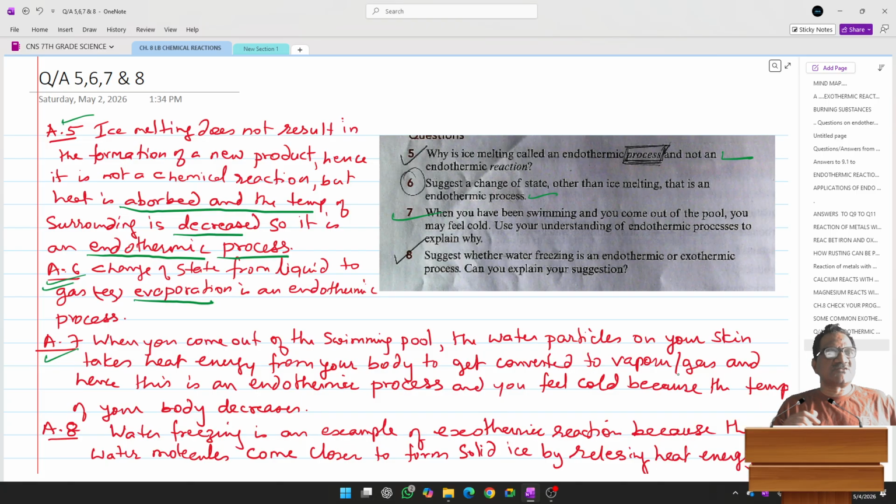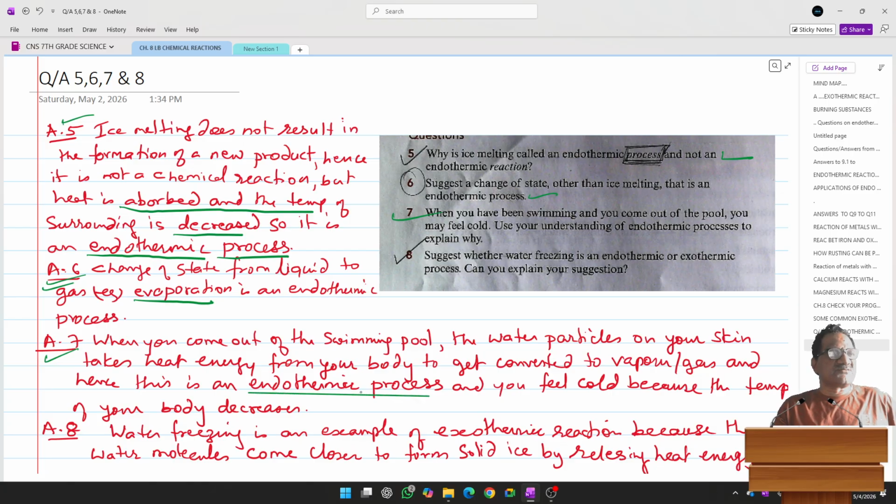Now in this process, what is going to happen? Because it's an endothermic process, you know that liquid to vapor is an endothermic process, it is going to absorb heat. From where is it going to absorb heat? The water particle is going to absorb heat from the body, so the body temperature will decrease.